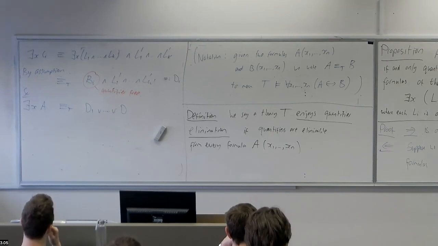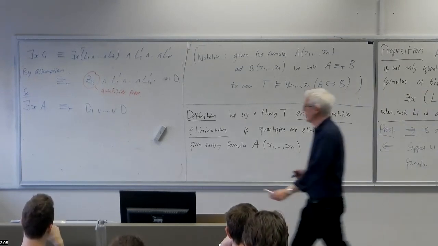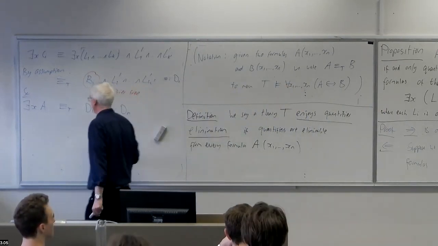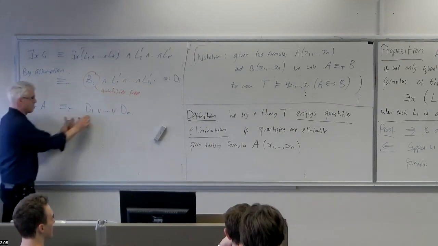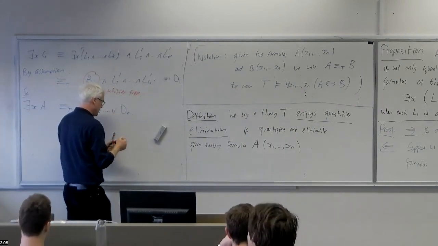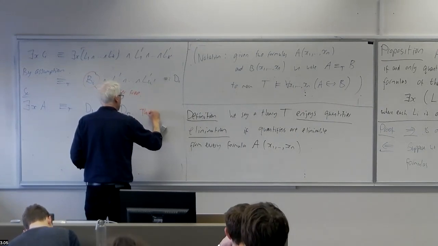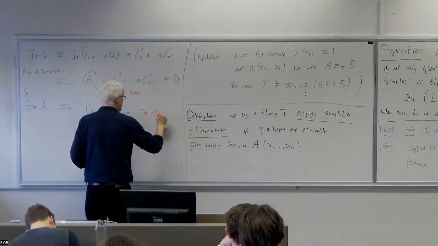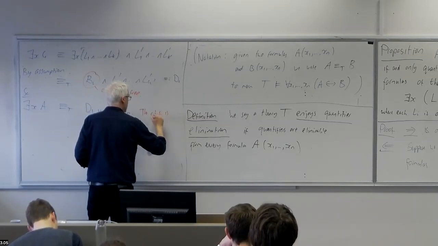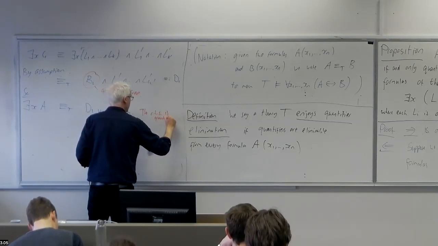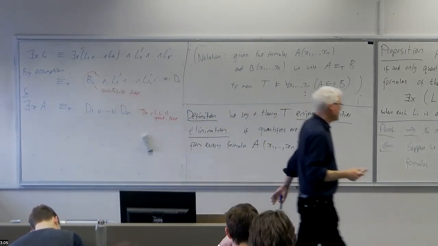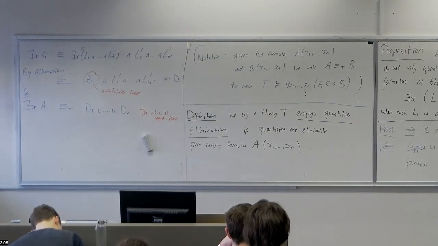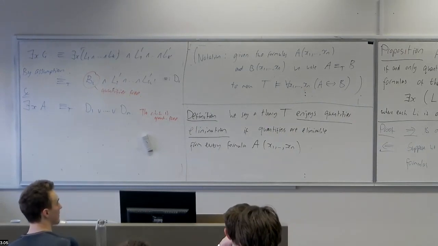So we've now got m different quantifier-free formulas, D1 through to Dm. We've shown that the formula we wanted is equivalent to a quantifier-free formula; the right-hand side is quantifier free. Okay, so we've dealt with step one: we've eliminated quantifiers from all formulas of the form exists X A.